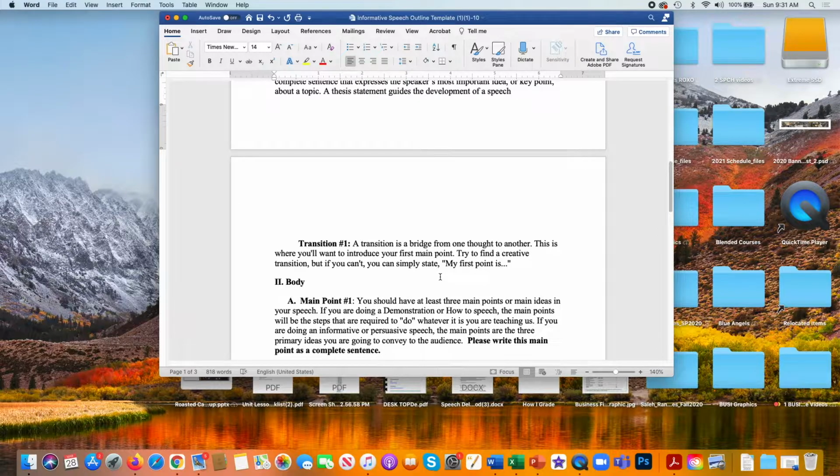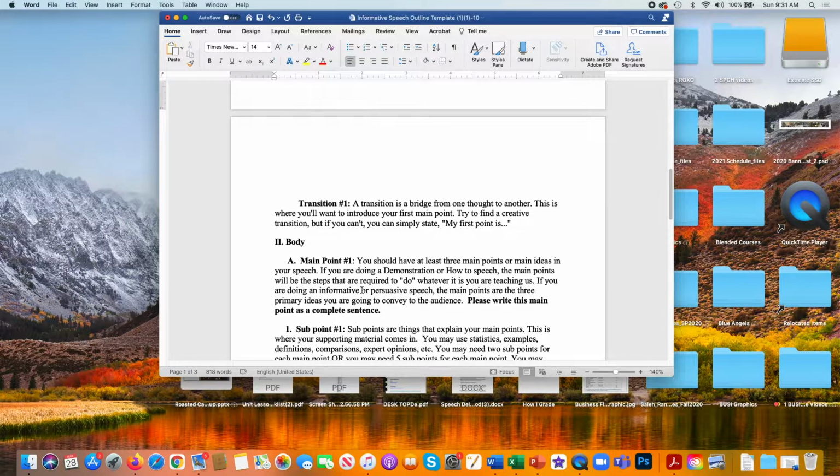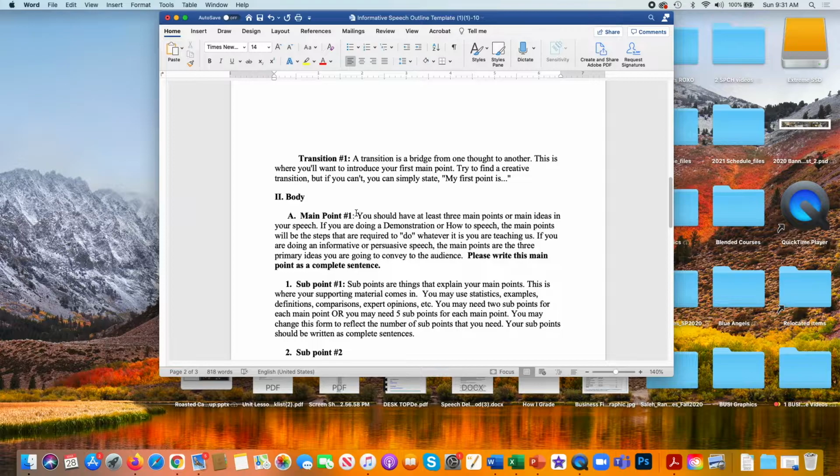You can do that. Now, right here, this is the body of your outline. And so your main point one, you will include your main point one in a complete sentence. Please write this main point as a complete sentence.